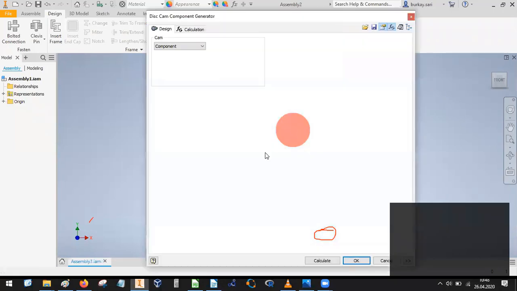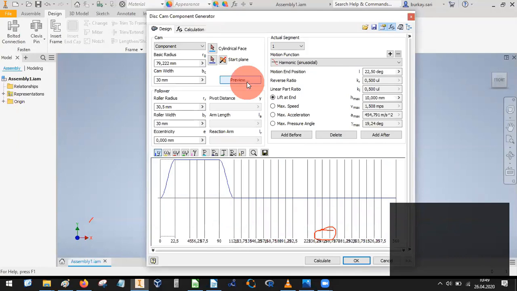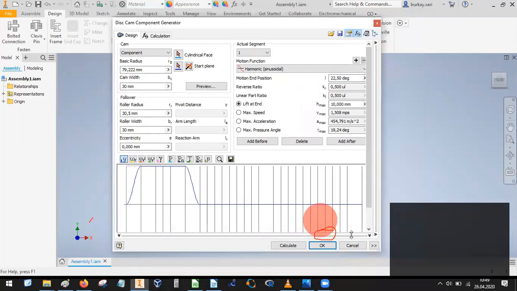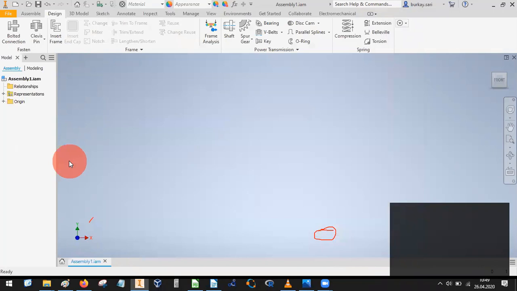Next, we have a cam here. I have the old values. I have deleted this one.